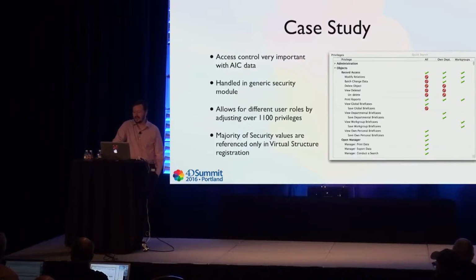It allows for different user roles by adjusting over 1,100 privileges. How do you manage 1,100 privilege values? Well, the virtual structure registration actually handles all that for you, because you're just setting it when you set up the field, and then you just set it and forget it. If they have that checkbox on, then it's referenced automatically. That's a really interesting use of the virtual structure. That might have even been where the idea was born, frankly.